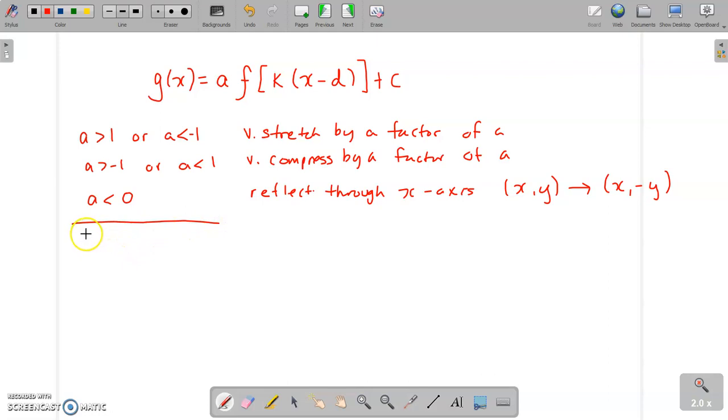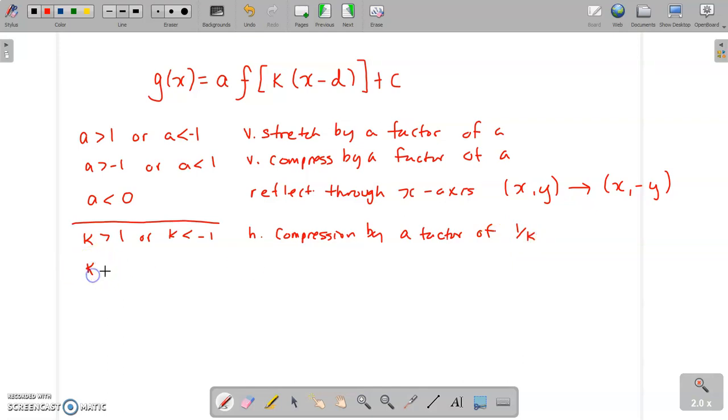Now, similarly, with slight differences, if your k is greater than 1 or your k is less than -1, we say it's kind of opposite, a horizontal compression by a factor of 1 over k.